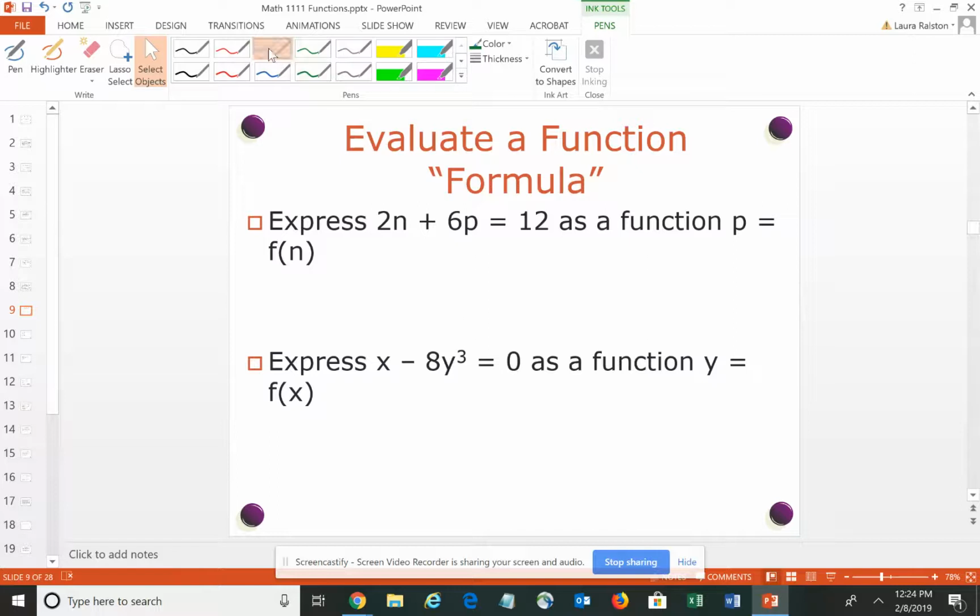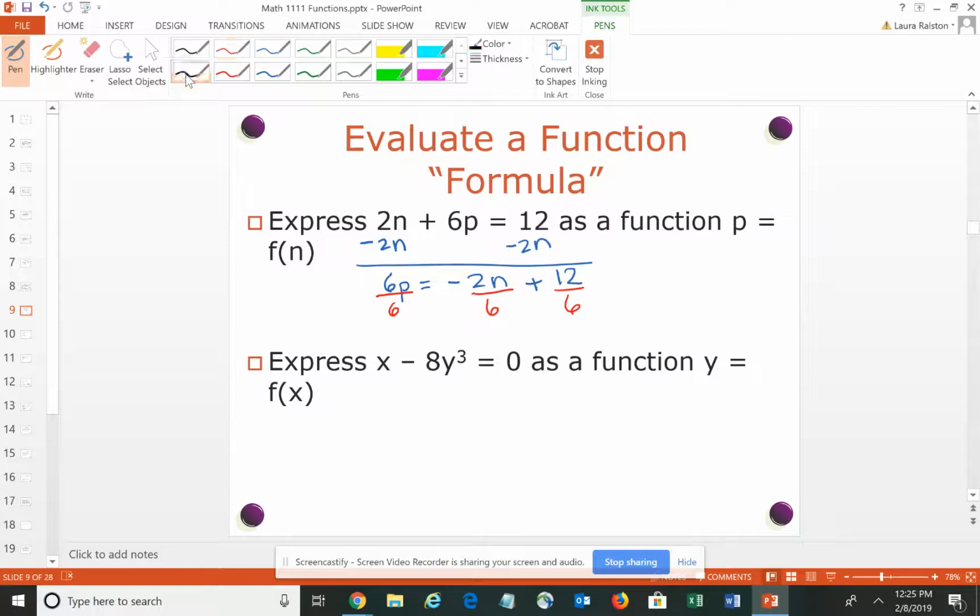So if I'm going to try to solve this equation for p, I'm going to subtract 2n from either side to get the p by itself. So I have 6p equals negative 2n plus 12. Then I need to divide everything by 6 because I want only p, not 6p. So divide everything by 6.